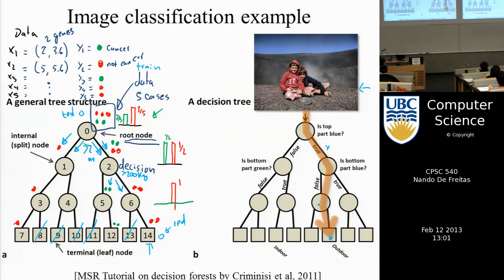Such that in some bins, the probability that you're red is 100%, and in some bins, the probability that you're green is 100%. Therefore, if you now put in a new person for which you do not know whether they have cancer or not, but you do have the level of excitation of those 2 genes, then you would just follow for that person the questions in the tree. And if the person were to end, for example, at node 14 here, then you would know that that person has to be red.